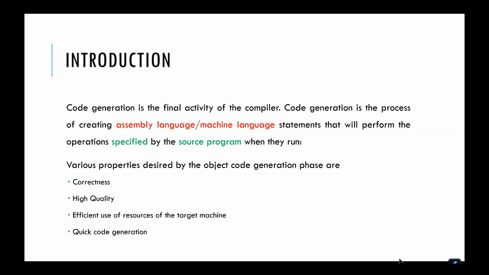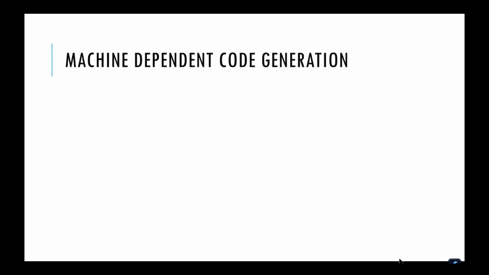Now we will go with machine dependent code generation. Next topic. As we know, code generation is the final phase in the process of compilation. So it takes intermediate code as input and generates the target machine code as output.